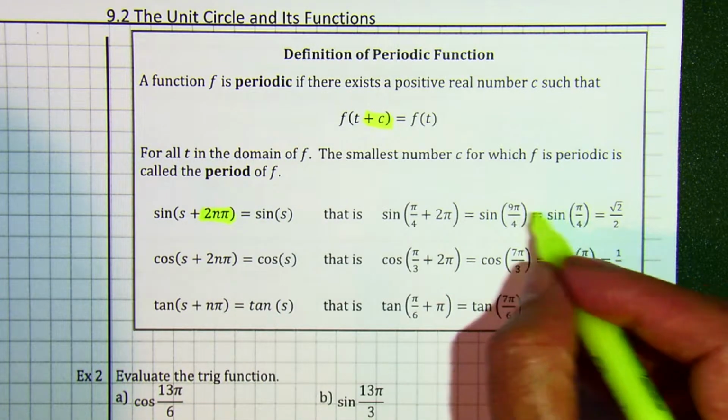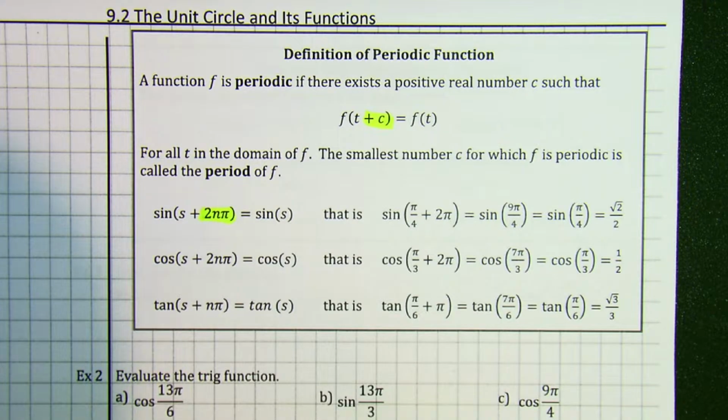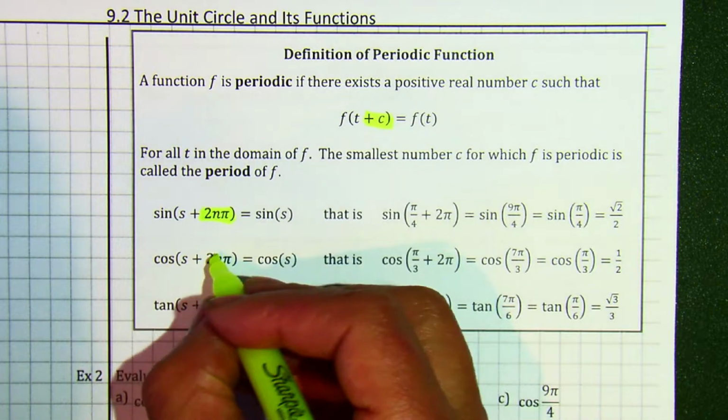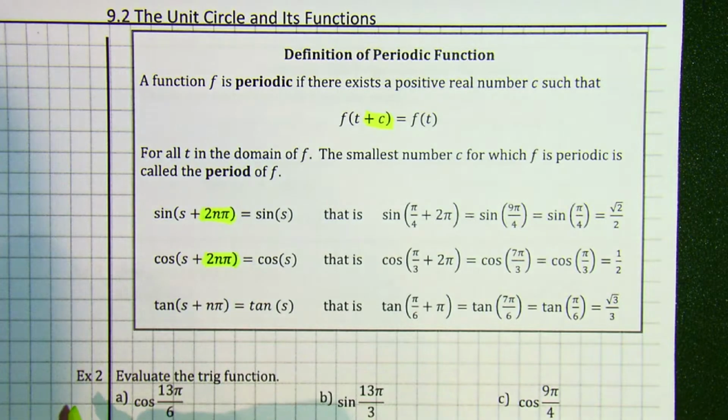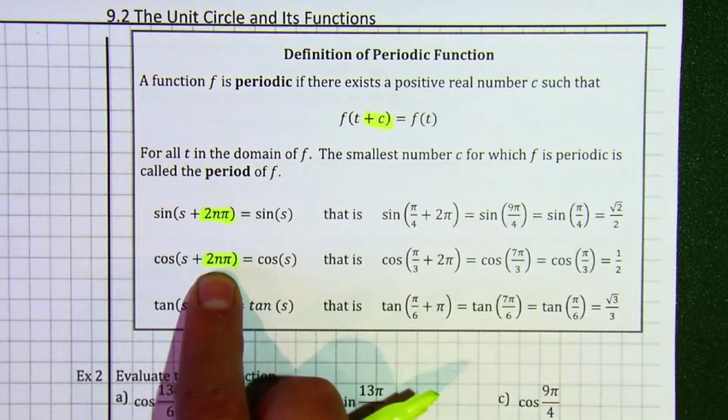And the sine of both angles are equal to the square root of 2 over 2. Same thing with cosine. Every 2 pi repeats, so therefore cosine is periodic with a period of 2 pi. And we'll come back to this once we graph sine and cosine.